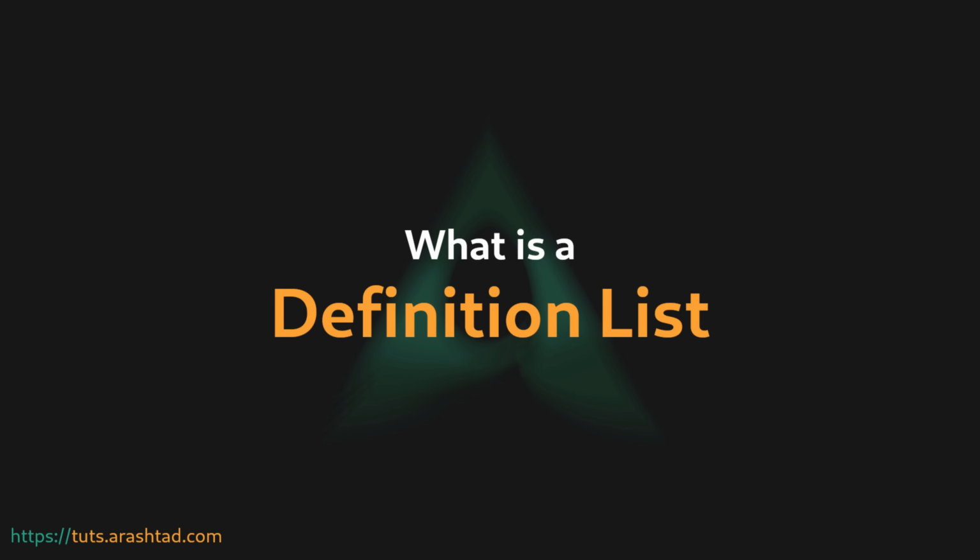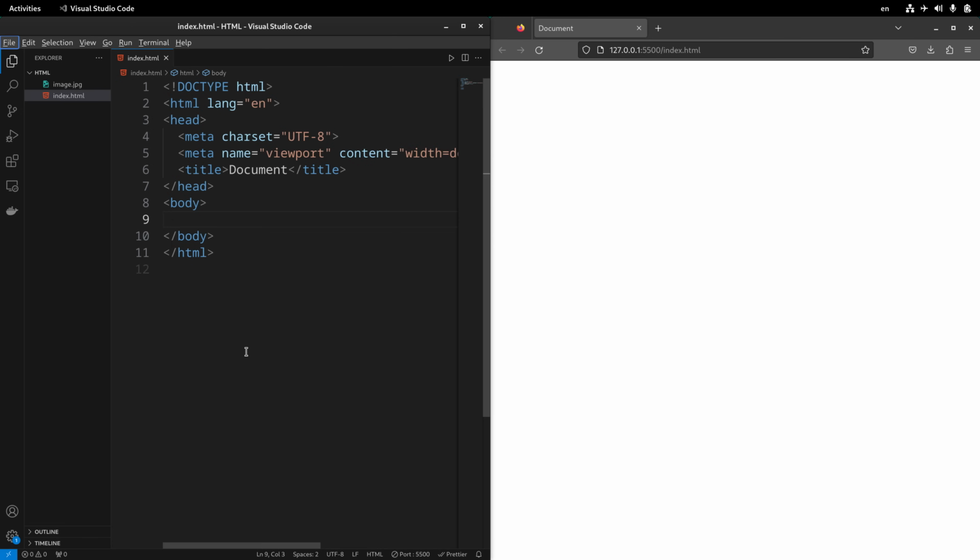The last one in this category is DL, standing for definition list. That is a little bit different from the previous two lists. Let's see how it works. In the case of definition lists, the parent tag will be DL, standing for definition list, and we have two types of list items here. The first one is DT, standing for definition term.